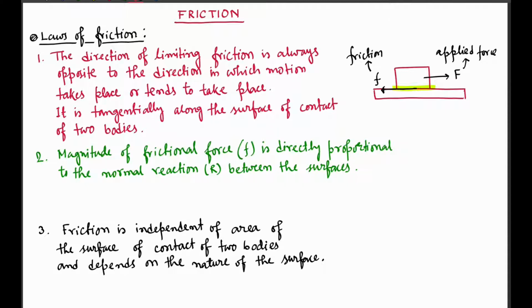Now, if the body is placed on the surface and the mass of the body is m, then the weight acting towards downward is mg, and the reaction force applied on the body by the rough surface is vertically upward, that is R. If we consider the body as a system, then here R is equal to mg.